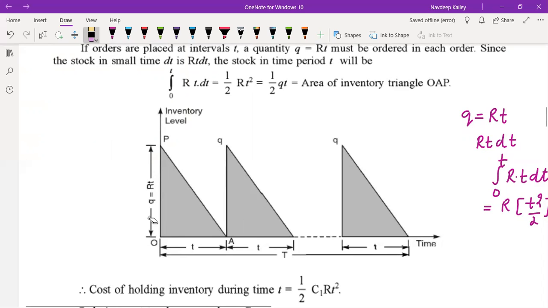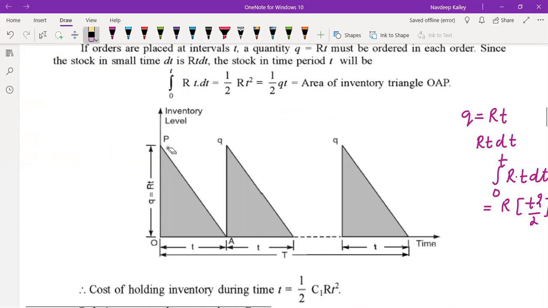Then Q is given by capital R into T. After this, we will calculate the stock in time period T, as I earlier calculated, that stock in time period T is equal to half R T square, which is further written as half Q into T.